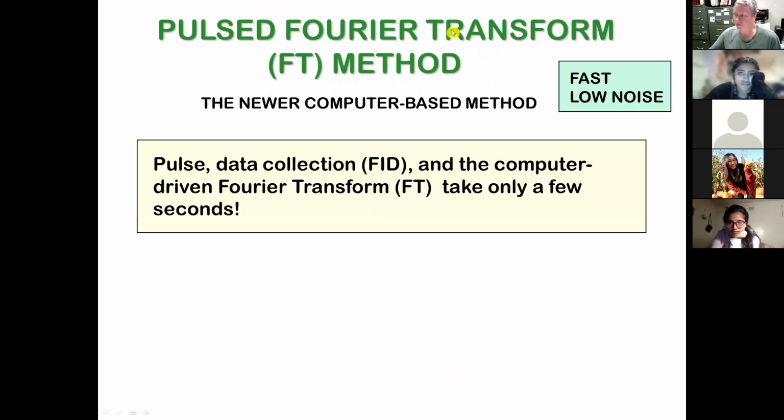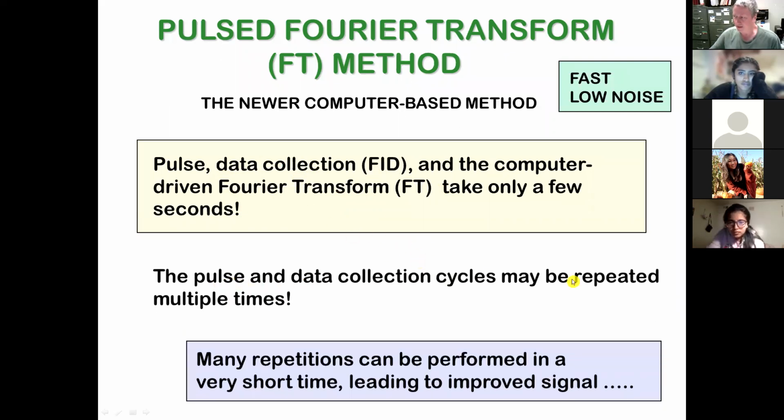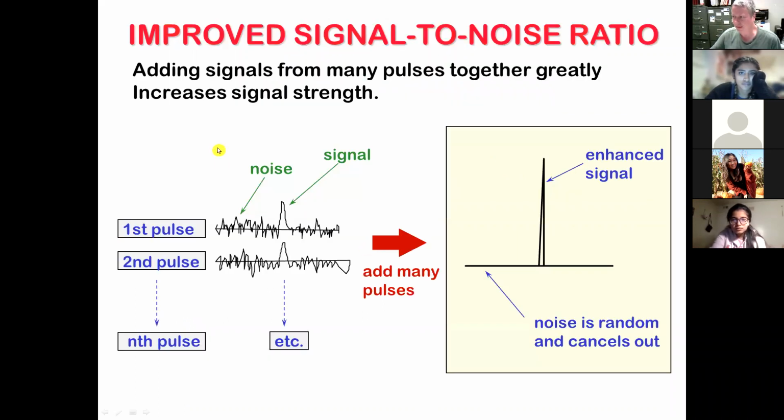Then we have pulsed Fourier transform NMR, very fast, and very low noise. It's pulsed data collection, and the computer does everything. The computers are amazing now and make this all very simple. The pulse can be repeated many times, and if you do it multiple times, you can average the data and get an improved signal. Imagine I do a pulse and I get a very poor signal.